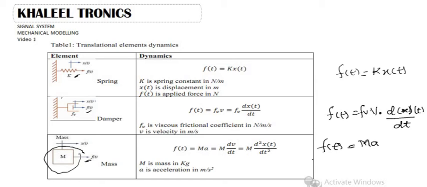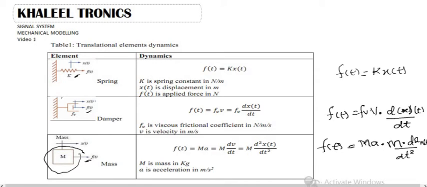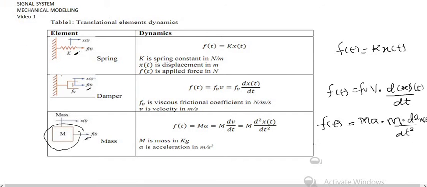Since acceleration is the second derivative, we can say mass times d square x over dt square. So these are the properties, where m is mass in kilograms and acceleration is in meters per second square.